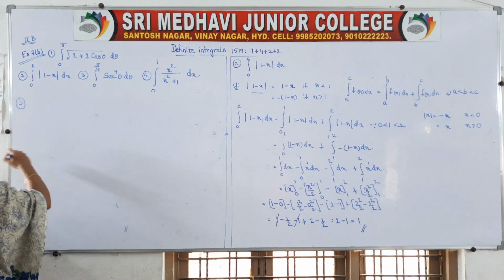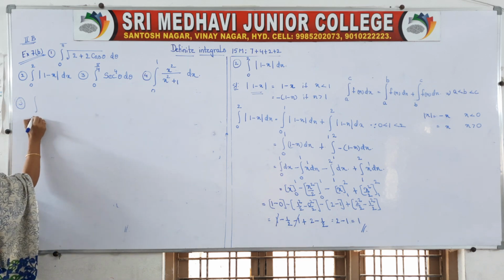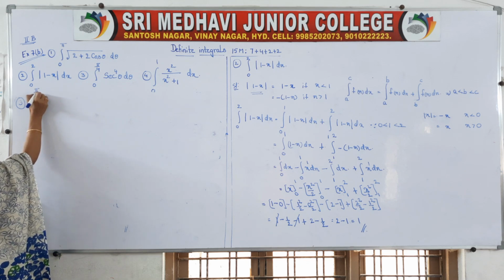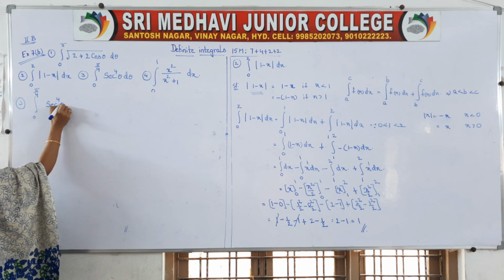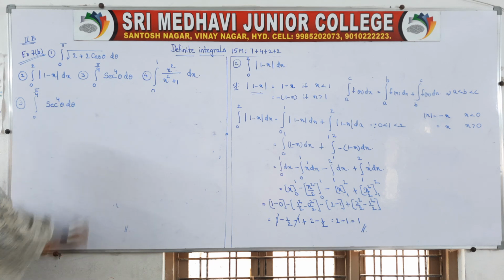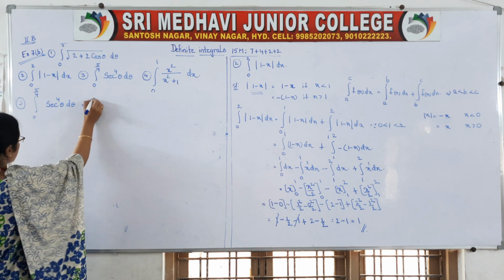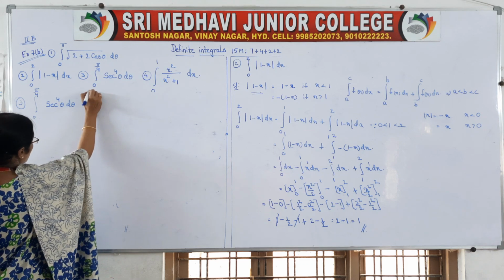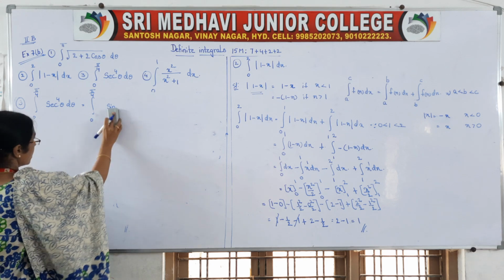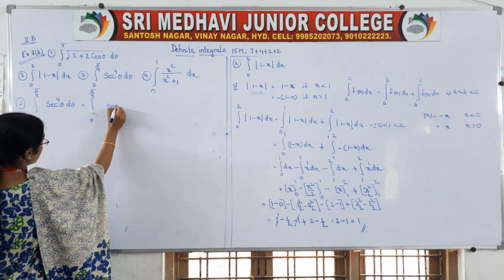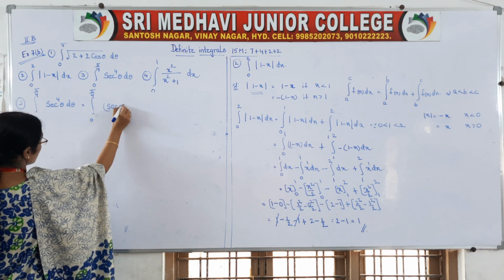So what is your third question? Integral 0 to pi by 4 secant to the power of 4 theta d theta. So we can write this as integral 0 to pi by 4 secant theta to the power of 4.